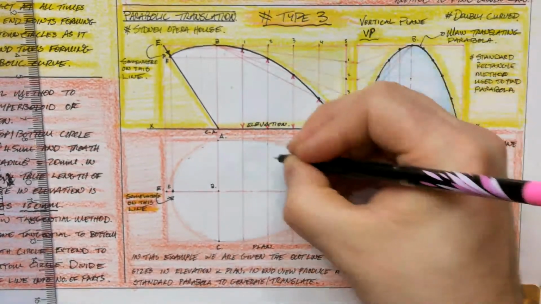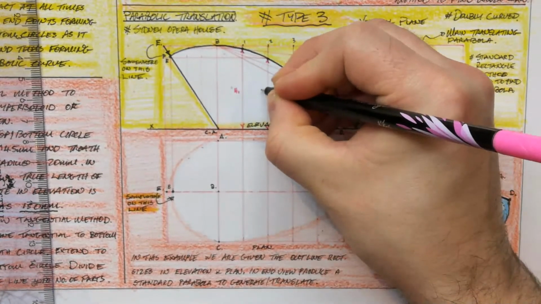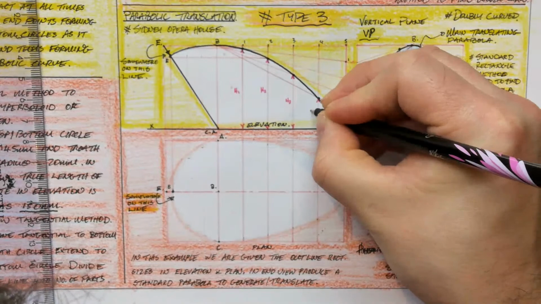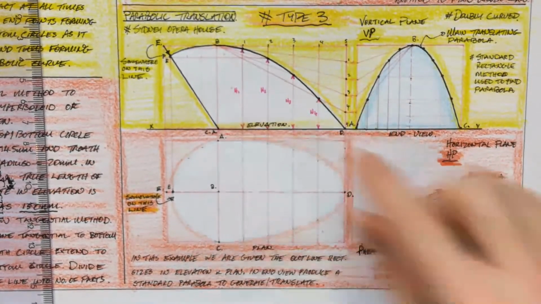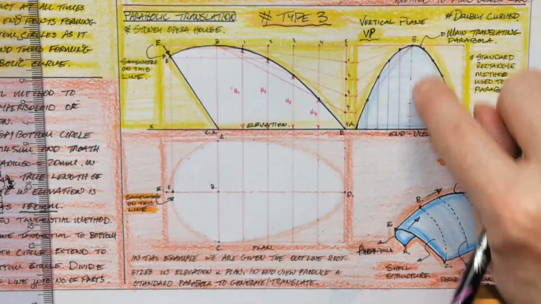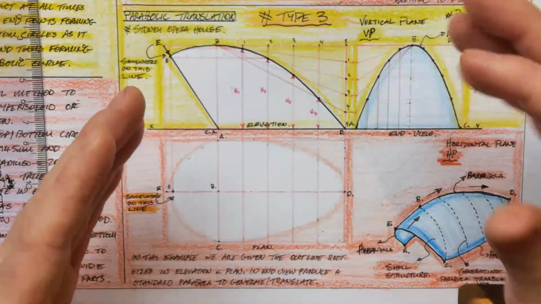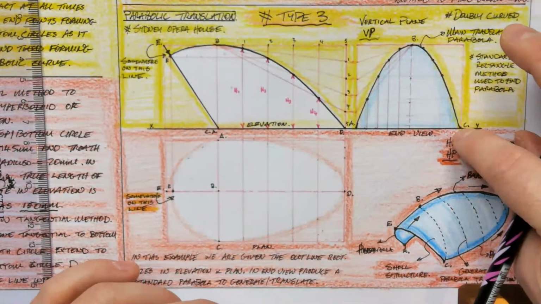What way are we going to use them in a plan view? So let's call this H1, H2, H3, and H4. Okay, I'm going to take those 4 heights now, and I'm going to mark them down from point B here in the elevation, because this is how the generating parabola is translated. So this is our generating parabola.